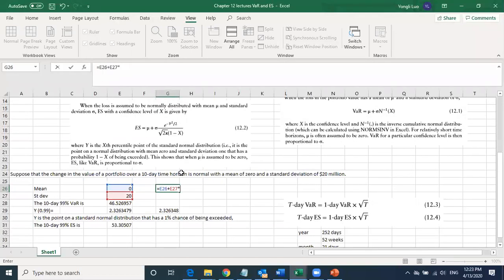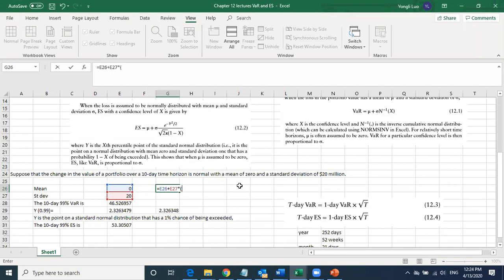This part, y squared, goes into the exponential. So let's do the numerator.